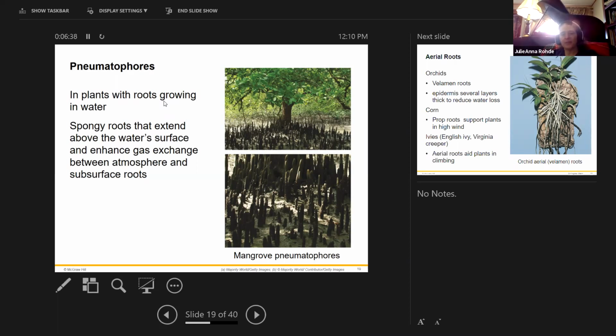But unless you're from Florida, the Gulf Coast area, you may have never seen a mangrove. What you might have seen here that has what are called knees, like our knee in our leg, knees that stick up out of the water. Here they're shown dry, the water's receded, but in wet times of the year this would be underwater, and these little knees stick up and allow for gas exchange to occur.